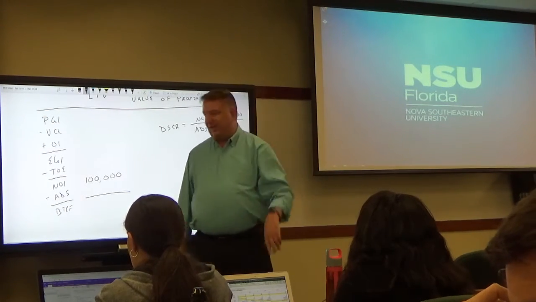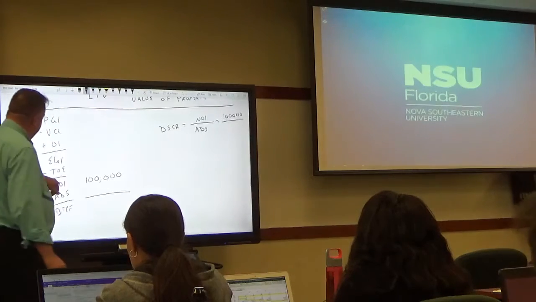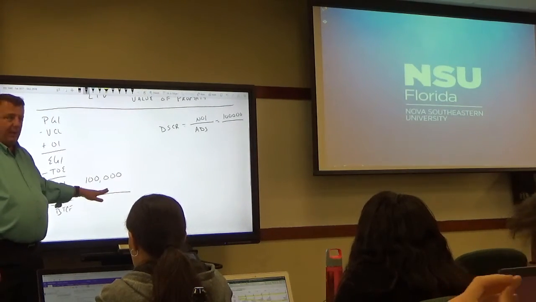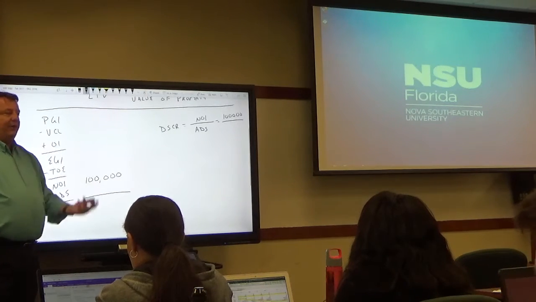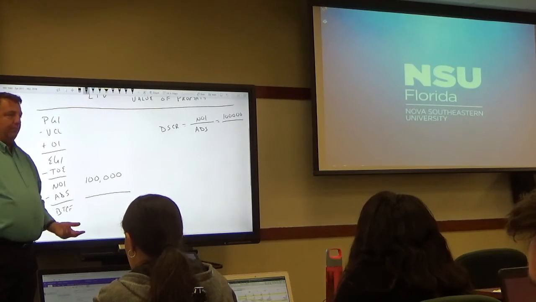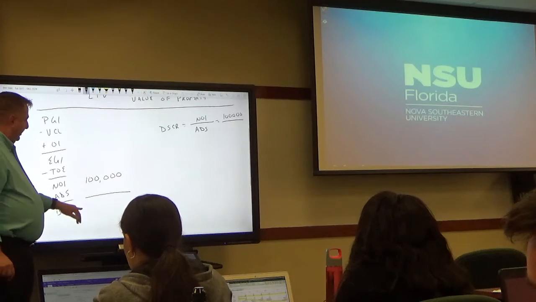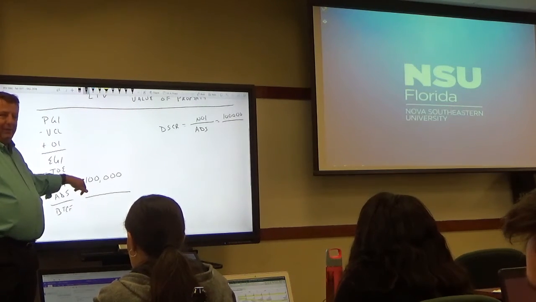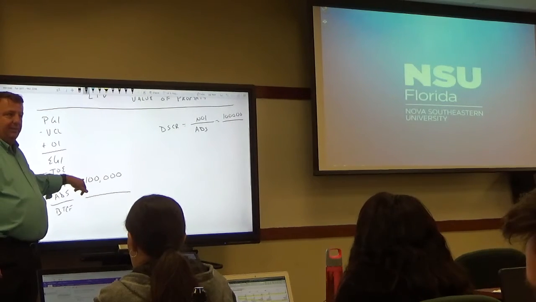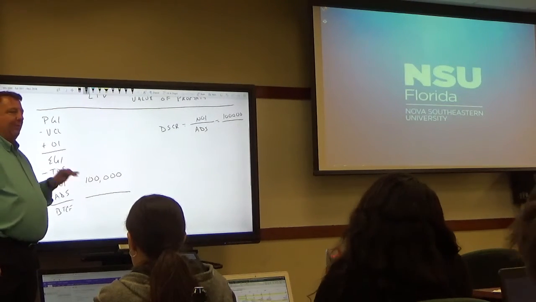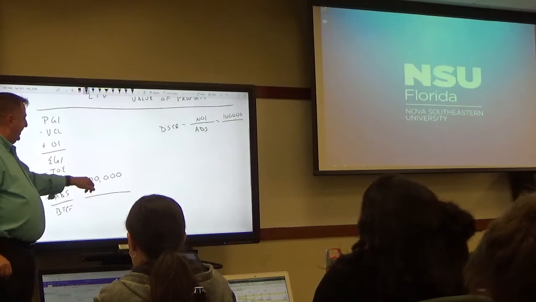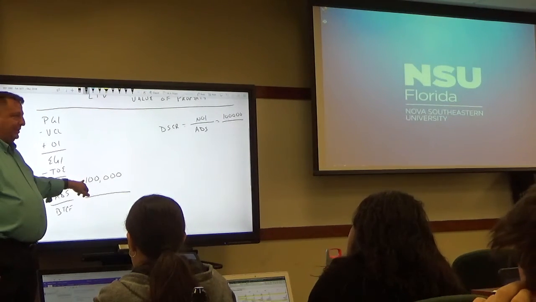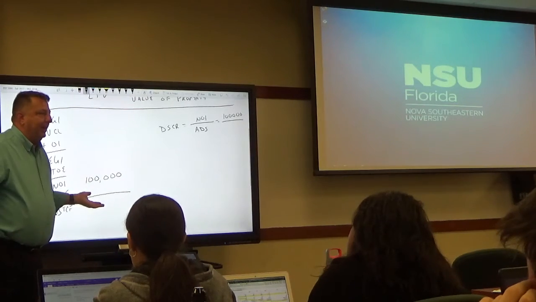So the point is this: if this is the money you have available to pay the loan, they are not going to let you have a loan where the payment is going to be equal to or greater than this number. Does that make sense? They want you to have a loan payment that is something less than $100,000 a year. Because otherwise, they won't get paid.